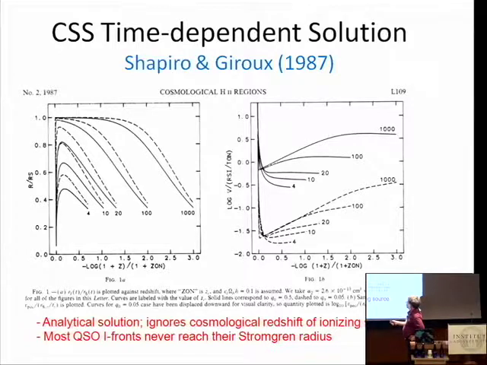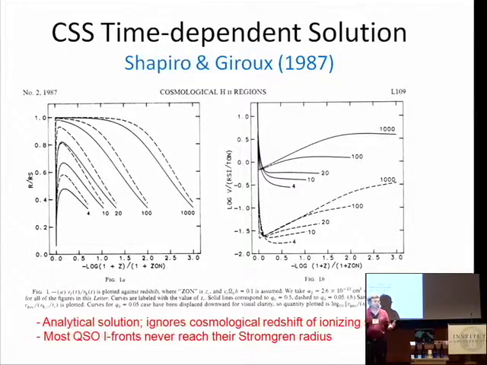Even for this case, where the source switched on at a redshift of 1,000, that's one of those little I fronts I showed in the cartoon, it sits there at its Stromgren radius, but then it falls off. And why is that? Well, it's because the universe keeps expanding. As the universe expands, the recombination rate drops.